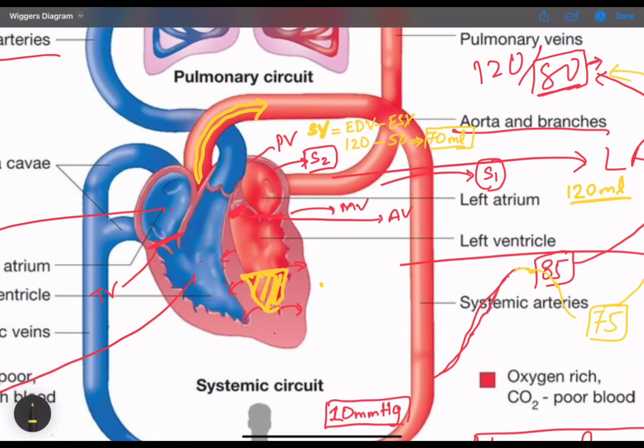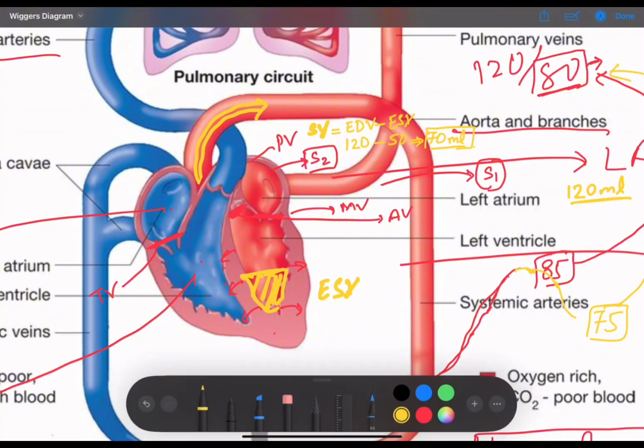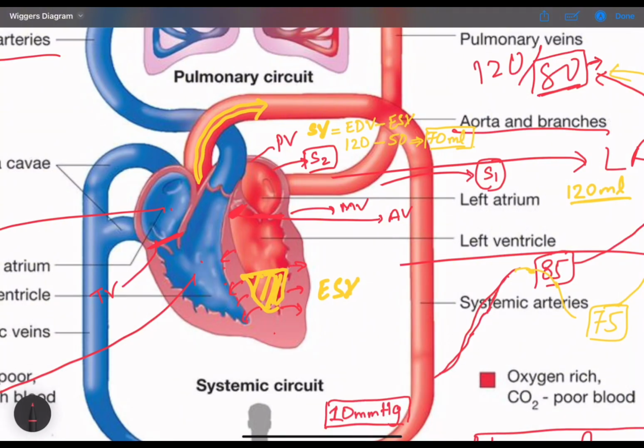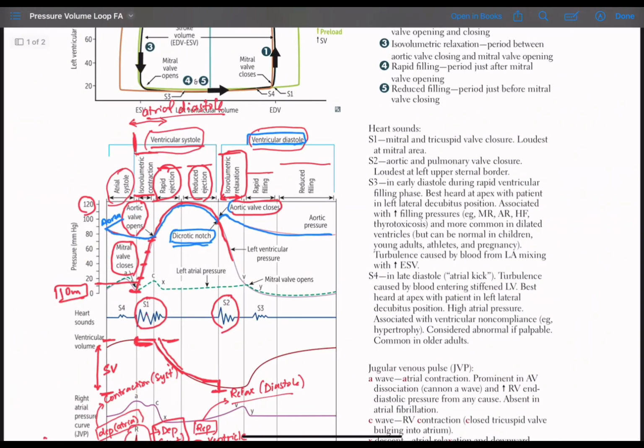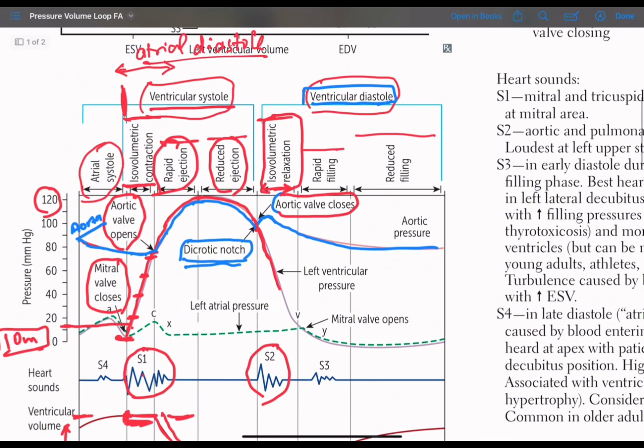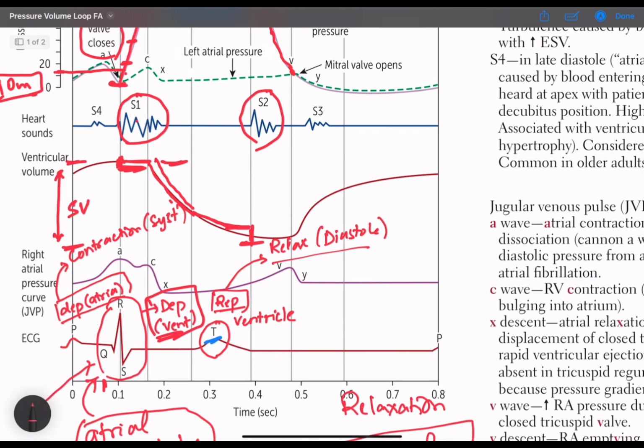We have only end systolic volume. So the left ventricle is relaxing while the volume is constant. So this phase is known as the isovolumetric relaxation phase, where the pressure is dropping. From 80, it reaches down to 12 mm of Hg, while the volume is constant.